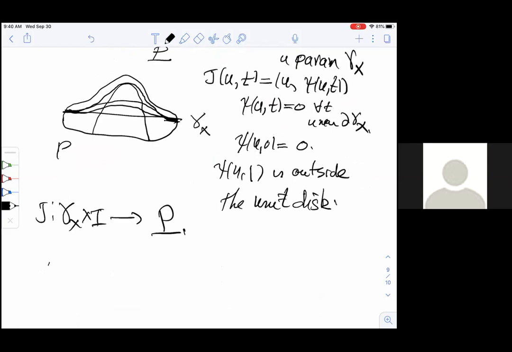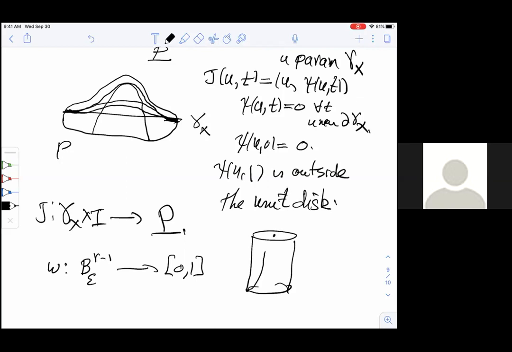The other piece is a function from this ball of radius epsilon, of dimension k minus 1, to 0, 1. And here's its graph. It's going to be 1 at the origin, and it's going to be 0 near the boundary. If you want, it can just depend on the radius coordinate, but it doesn't really matter.